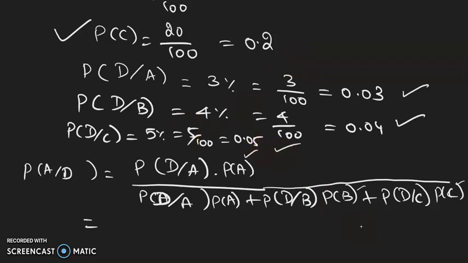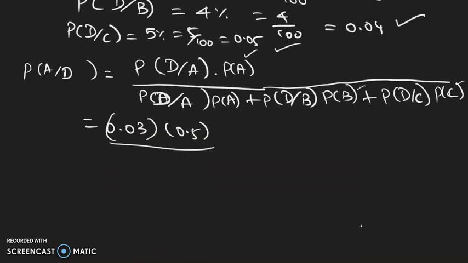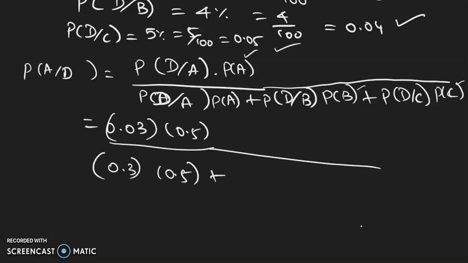What is P of D given A? 0.03 into P of A, which is 0.5, as we have written already, divided by the denominator, which is quite lengthy: 0.03 into 0.5, plus 0.3 into 0.04, plus 0.2 into 0.05.